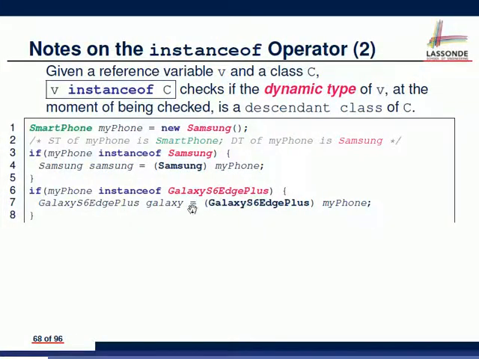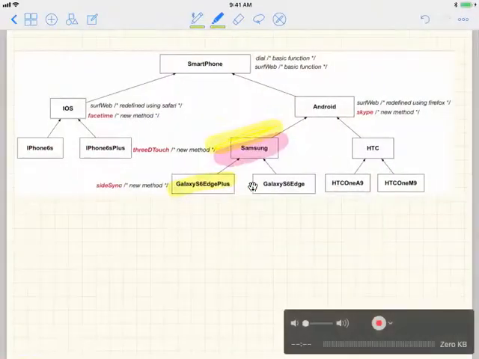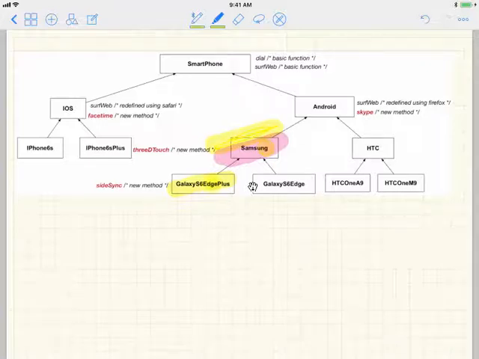Line number 6. Be careful. Think about what's the dynamic type for my phone. My phone's dynamic type is Samsung. Is Samsung a descendant class of Galaxy? No, right? The red one is not a descending class of the yellow one.